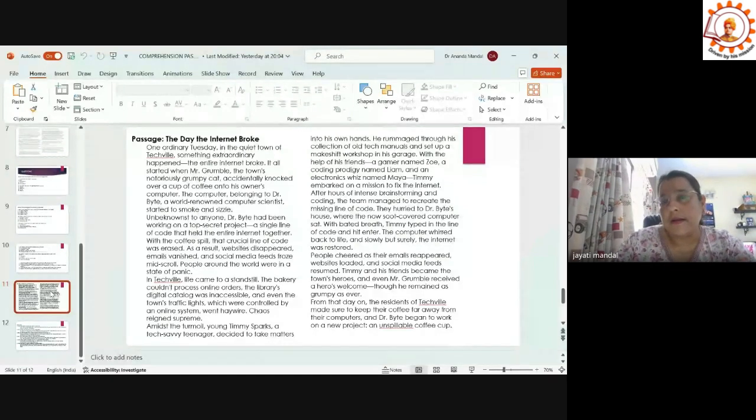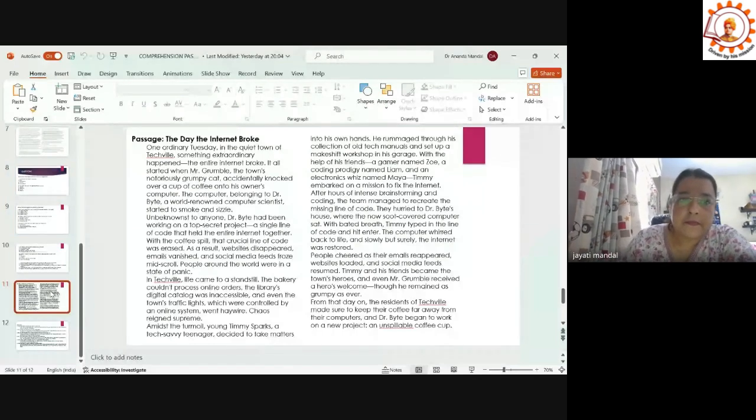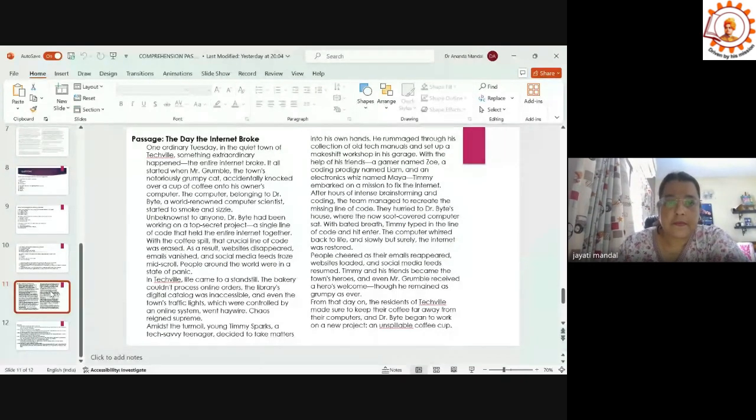Do you find the passage interesting? Have everybody gone through the passage once? First you read out, then I will read with you.